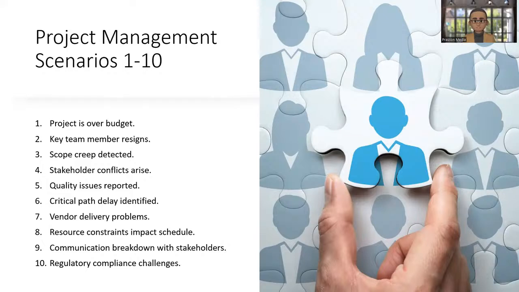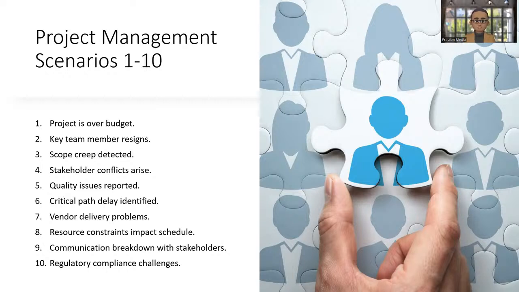But let me give you a few tips. If a project is over budget, you need to find out why it's over budget. You need to understand the impact of the project being over budget. How does it impact other things? What about if a key team member resigns?